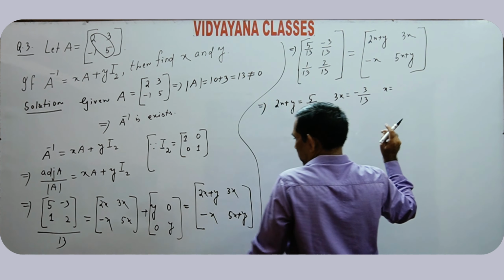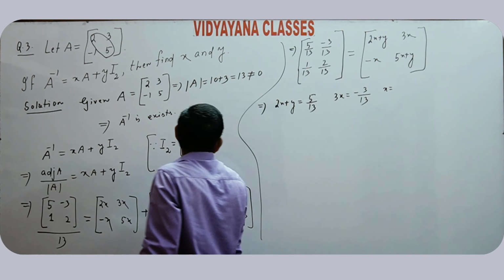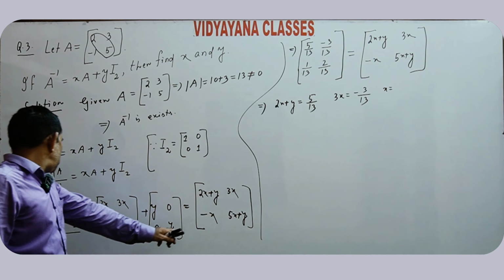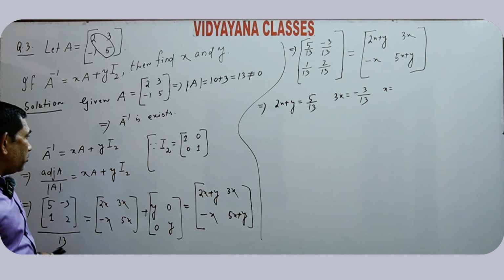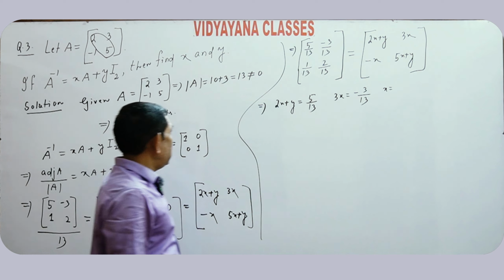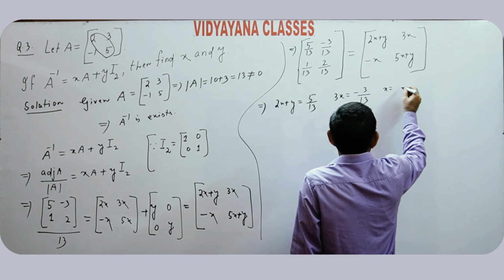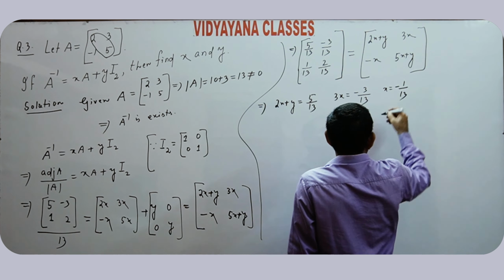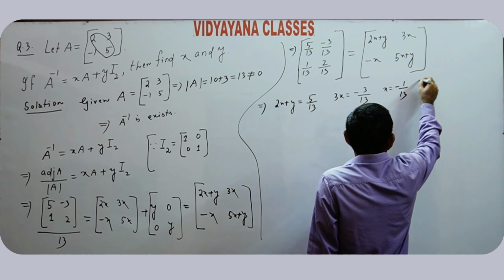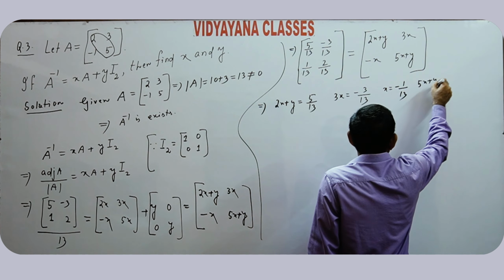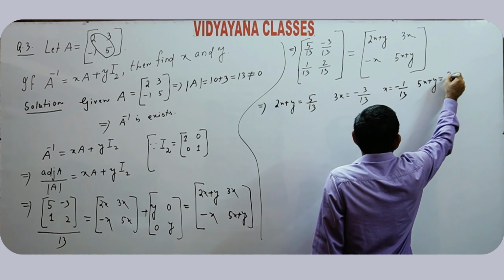X is equal to minus 1 by 13. And 5x plus y is equal to 2 by 13.